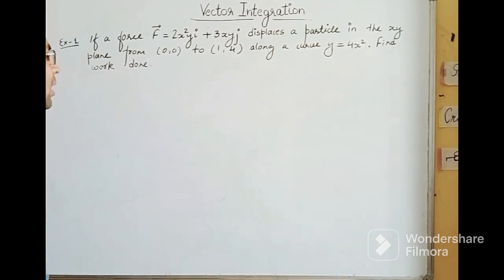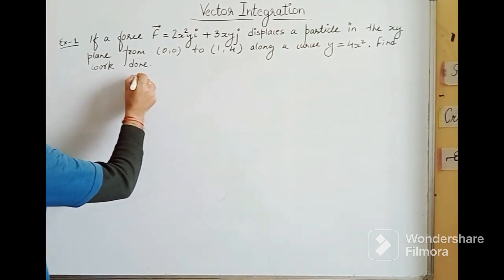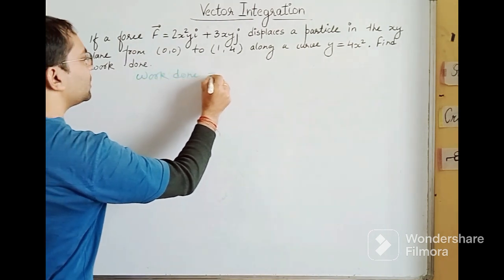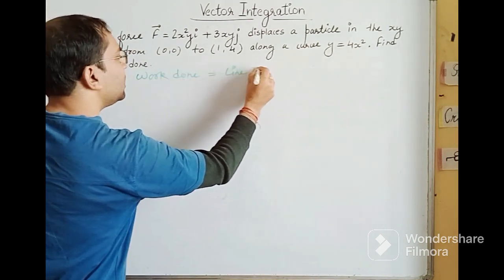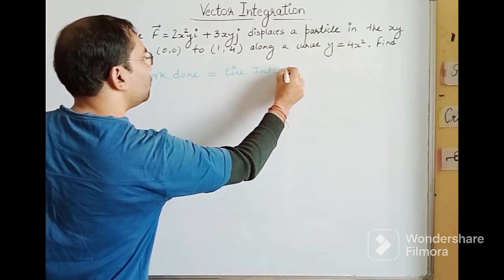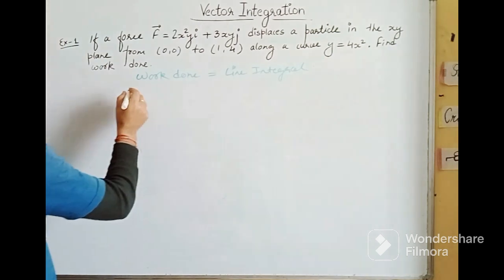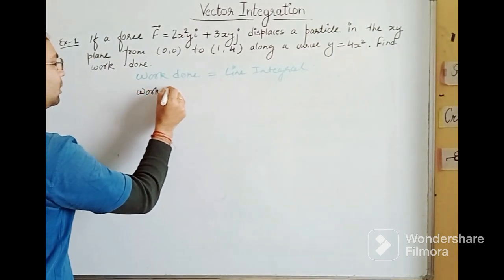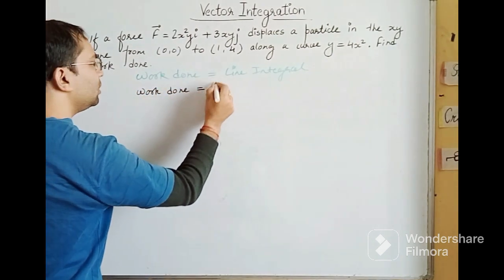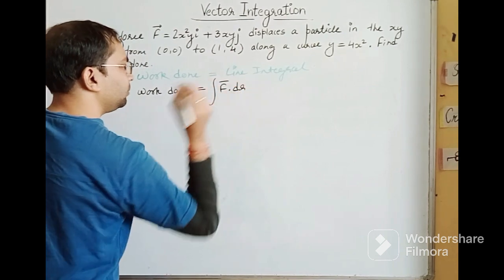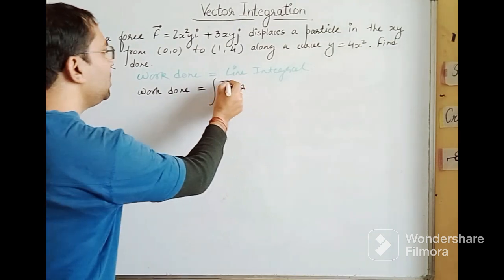As we have just seen, the work done is equal to the line integral. So here work done is equal to line integral, and how do we define this line integral? This work done will be equal to the integral of f dot dr. Now let us see what we mean by f.